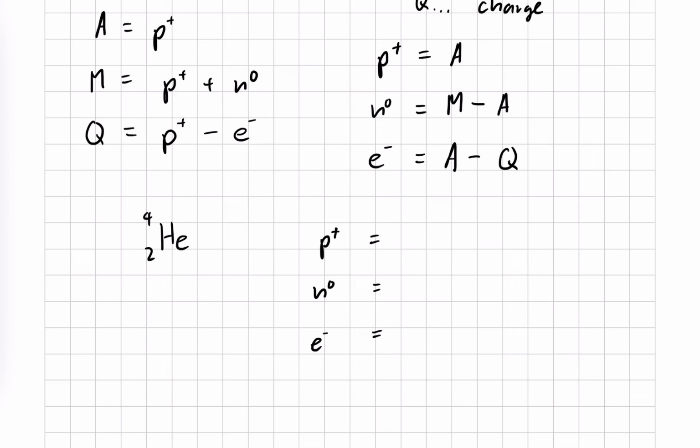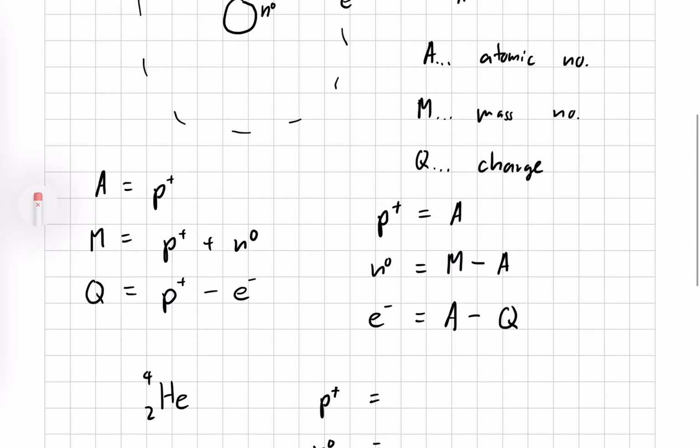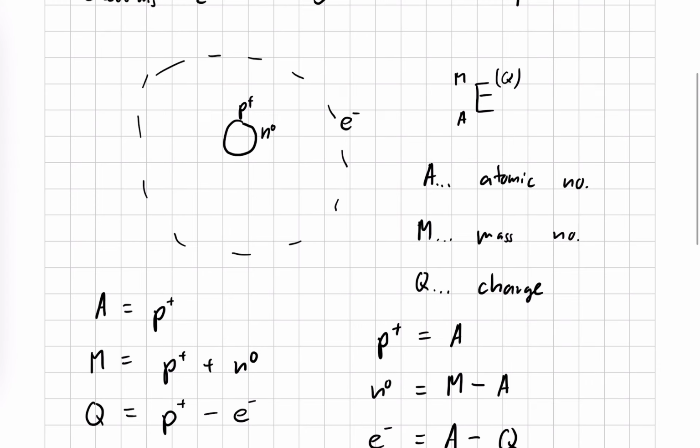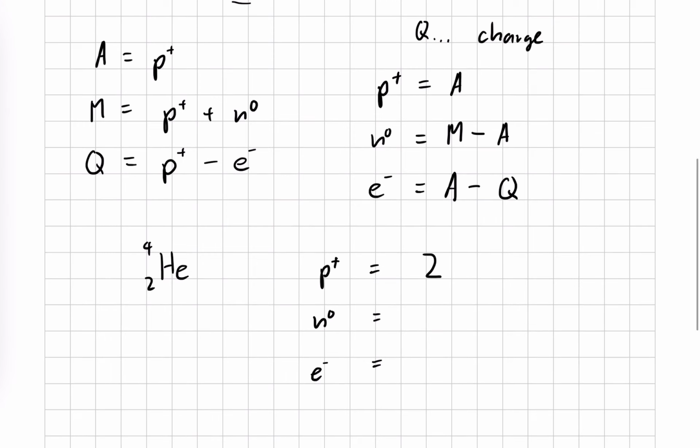So, the number of protons, as we can see above, is equal to the atomic number, which is, as written here, always written below, or in most cases, written below. So that means we have 2 protons. The neutrons, as we can see, is the mass number minus the atomic number.